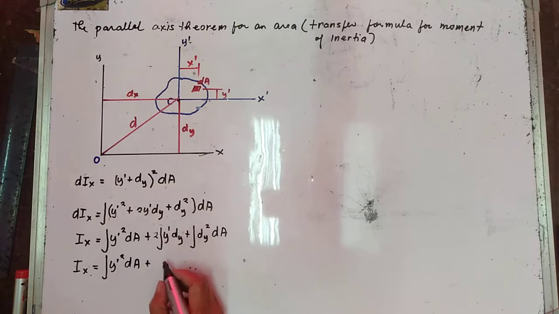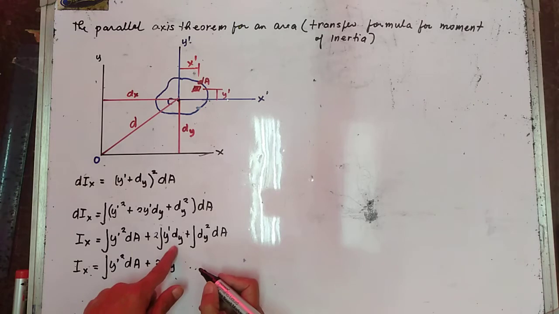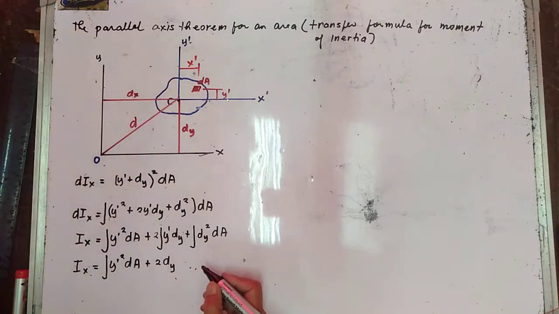2, we now have your 2, we have your d, and that is now your y. So that is the distance. dy in here is the distance from the centroid to the x-axis.